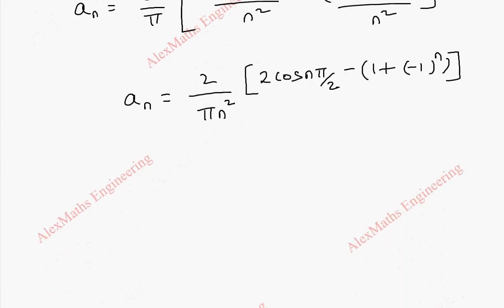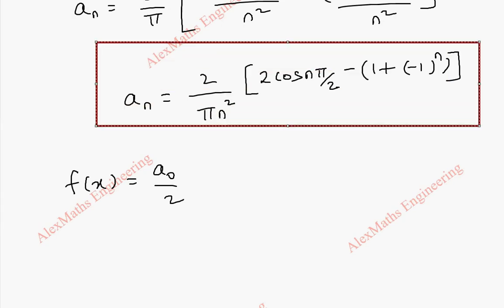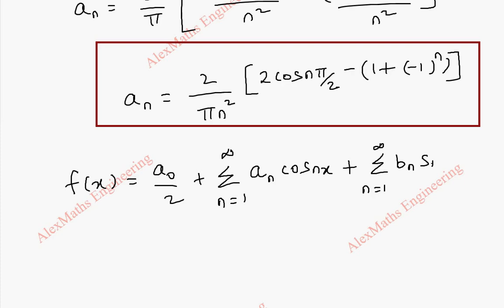Now coming to the Fourier series expansion formula, f of x is a0 by 2, and let's keep this separately so that we can substitute in the formula, plus summation n equal to 1 to infinity an cos nx, and summation n equal to 1 to infinity bn sin nx.